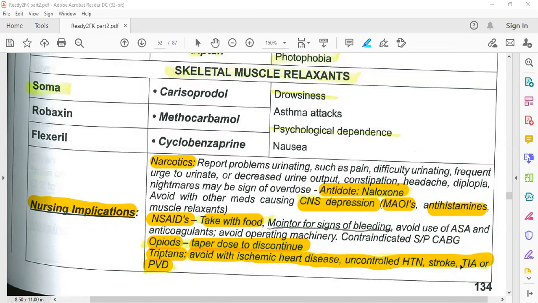TIA stands for transient ischemic attack, or PVD, which means peripheral vascular disease, not to take triptan together with these diseases. This is very important information regarding narcotics, analgesics, or opioids.